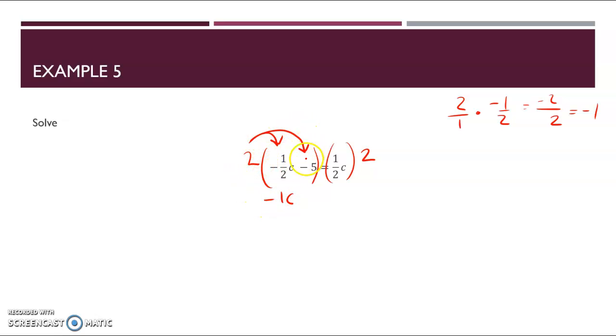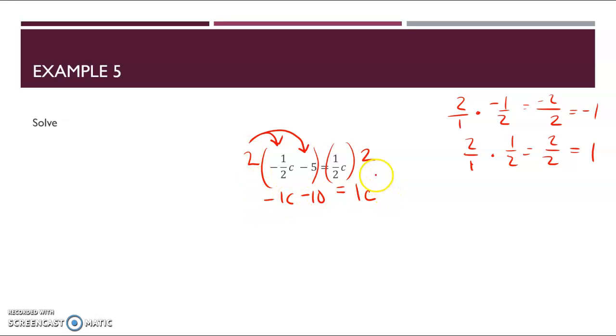Then 2 times the negative 5 is negative 10 equals, and then 2 over 1 times 1/2, we end up with 2 over 2, which is a positive 1, so we have 1c. Notice that by multiplying everything by 2, I now have no fractions in my new equation, which makes it so much easier, right?